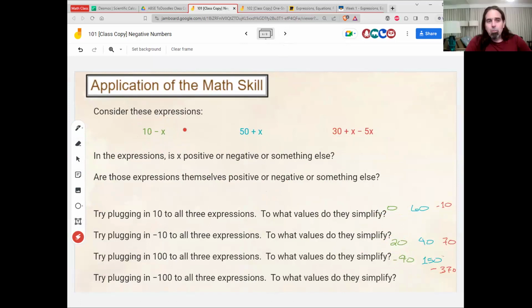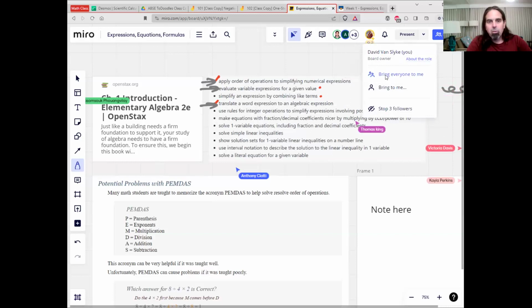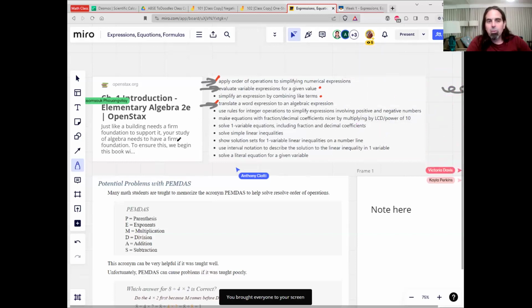So we've plugged things in. We've done that. Okay, back over here. Simplifying by combining like terms. We haven't done that one yet, so that one we still have to do. Translate a word problem into an algebraic expression. We did that a little bit last time. I'm going to bring everyone to me because I see people wandering around.